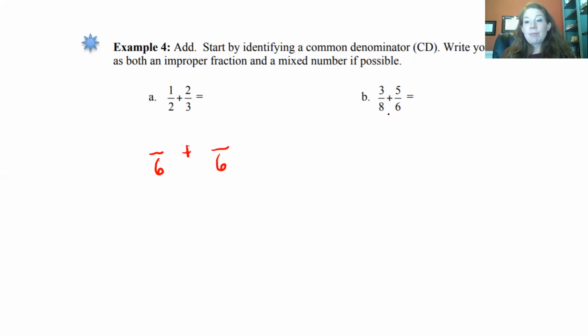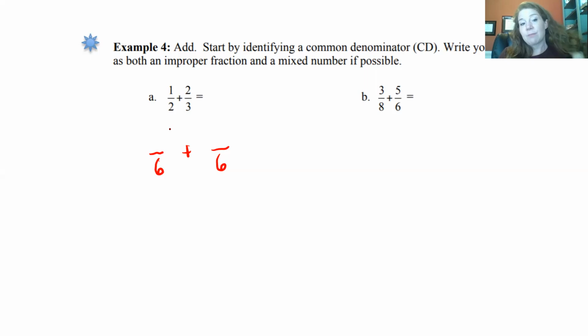Now, let's look at B real quick. If we multiply 8 and 6 together, we'll get a common denominator of 48. But it's not the least common multiple. 48 will work, but if we solve it that way, we're going to end up having to simplify our answer, which is no big deal. But when I multiply 2 times 3 for letter A, I happen to get the least common multiple of 2 and 3.